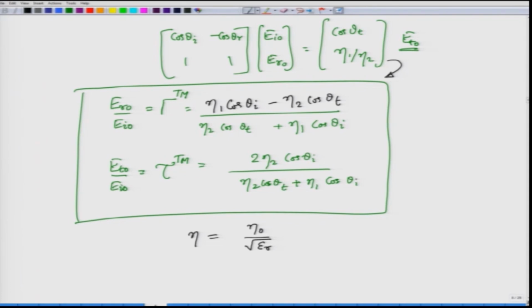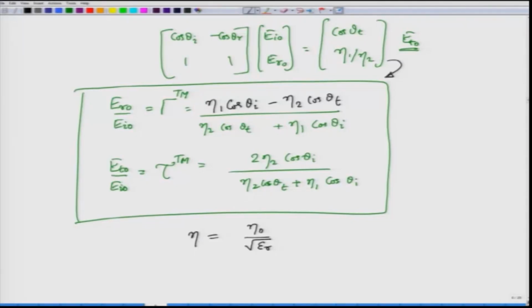Of course, I am assuming dielectric medium, these are not magnetic medium at all. Okay. So, the wave impedance eta is written as eta naught divided by square root epsilon r, and in the parlance of optics, square root epsilon r is what we call the refractive index, and we choose the symbol small n to denote this.